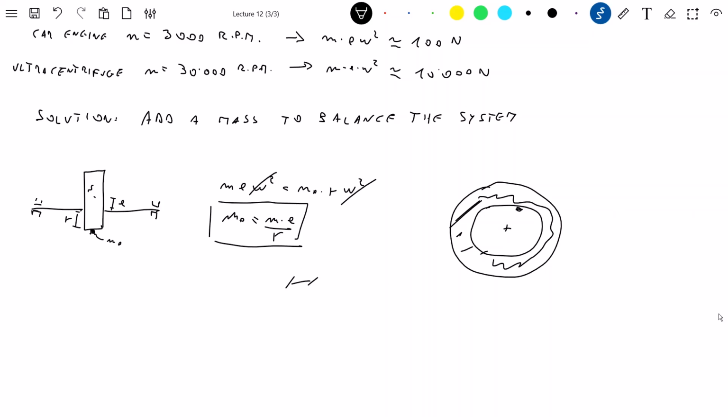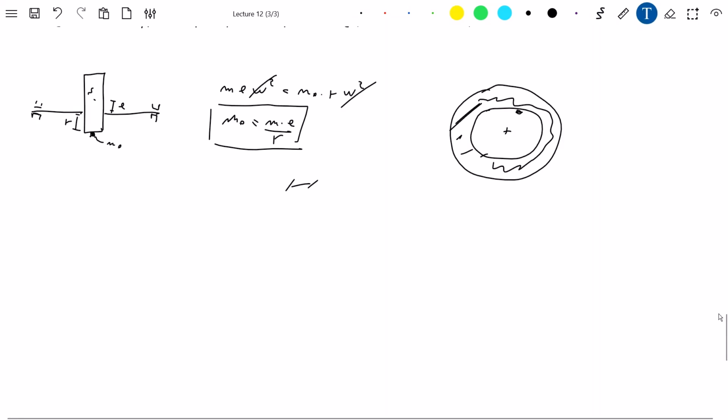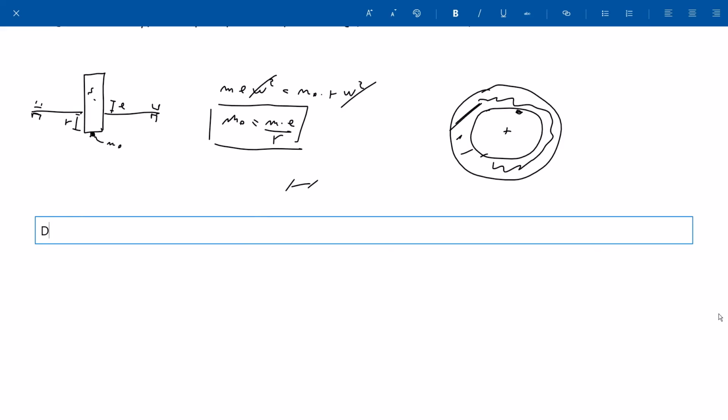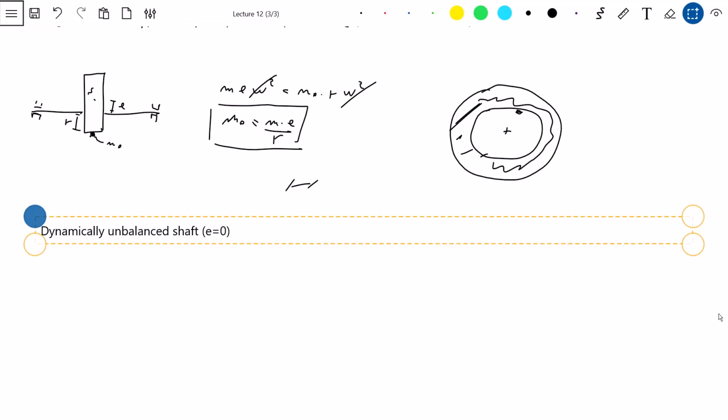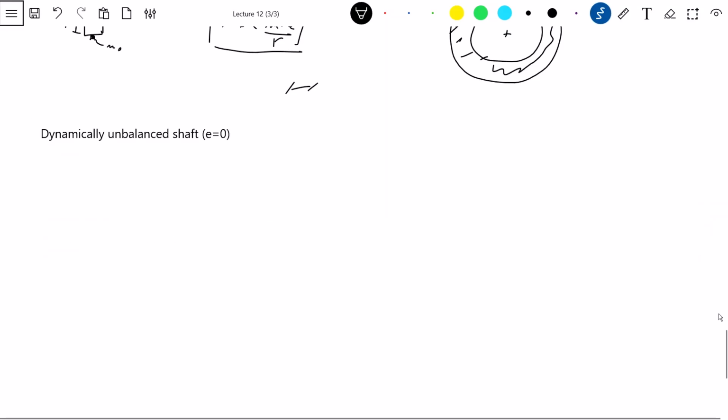Now let's see the case of a dynamically unbalanced shaft. This is for the eccentricity equal to 0. We have no eccentricity. Now we have our cylinder, which is now a little bit tilted.